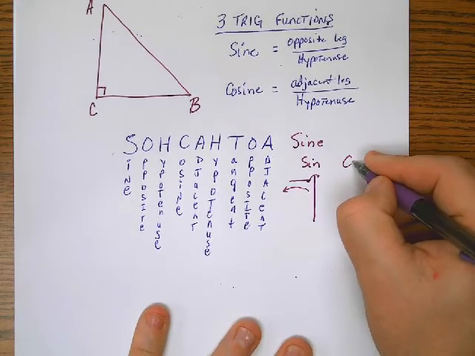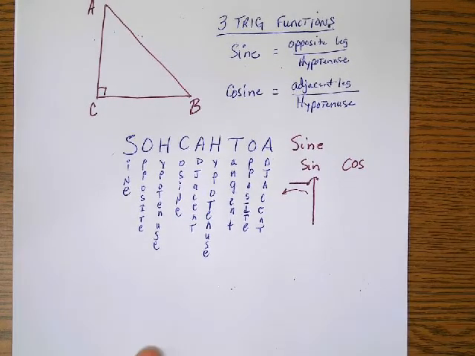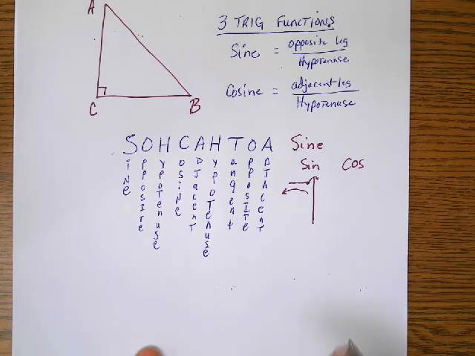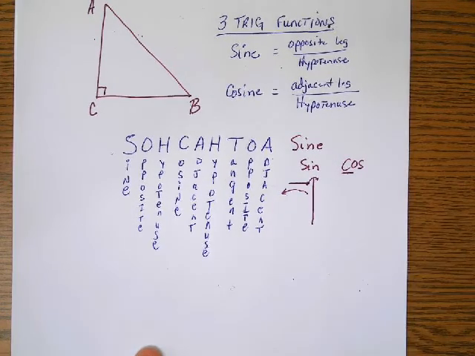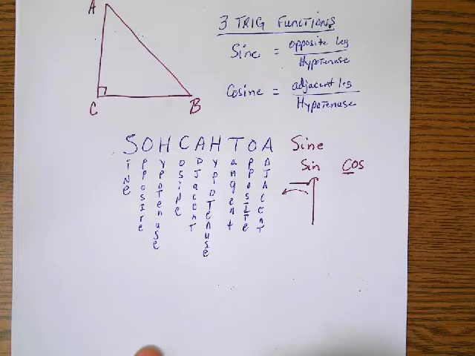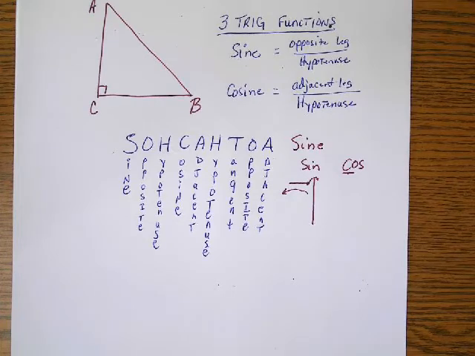Sine. Cosine, abbreviated COS. What's the prefix? Co. One way that we utilize the prefix co is like a co-partner, or we cohabitate, or a co-op. These are all people that are next to you. They're adjacent. So that's a secondary way to keep sine and cosine straight.